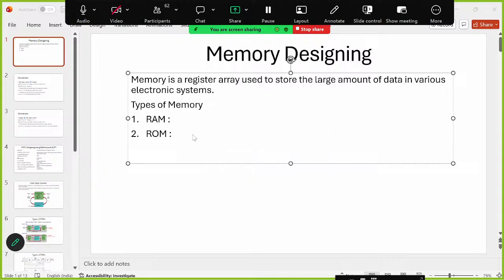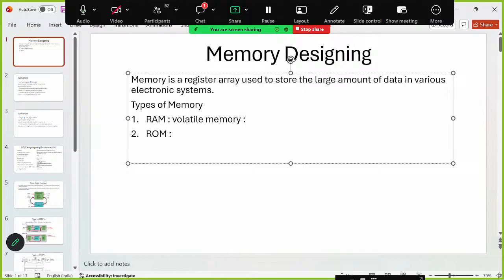So, yes, RAM is a temporary memory. And because it can store the data for a small period of time, it is also referred to as volatile memory. What is the meaning of volatile memory?